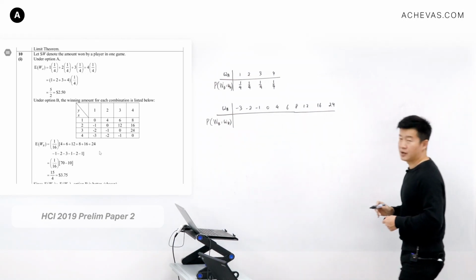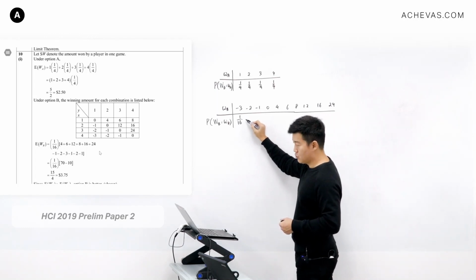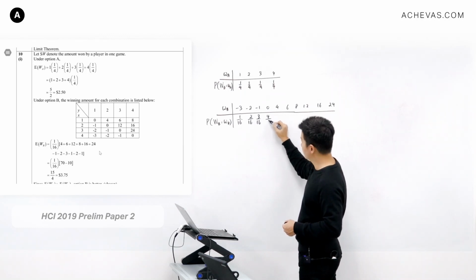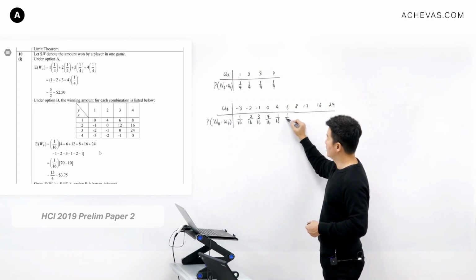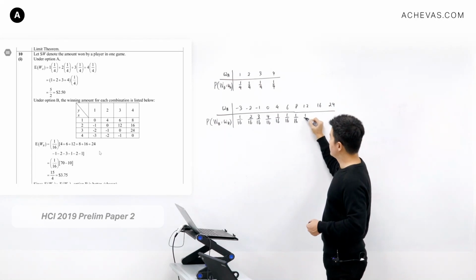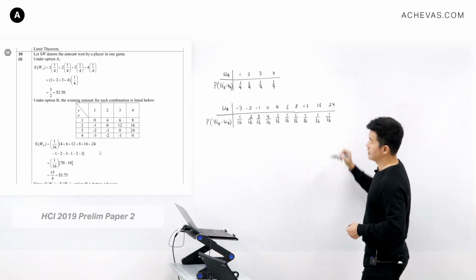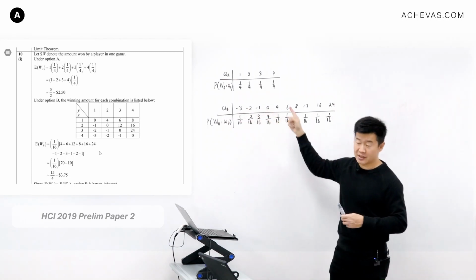These are all the possible outcomes. -3 happens 1 time, so it's 1 out of 16. -2 happens 2 times, 2 out of 16. -1 happens 3 times, 3 out of 16. 0 happens 4 times, 4 out of 16. The rest each happened 1 time, so 1 over 16 each. So the expectation of WB will be this times this plus this times this plus this times this.